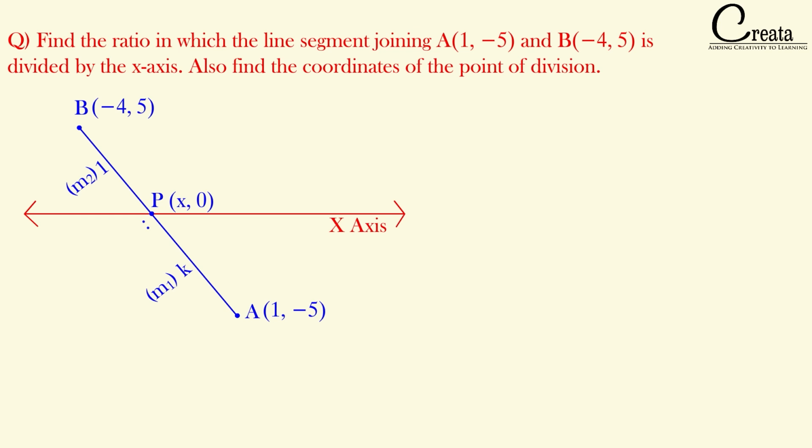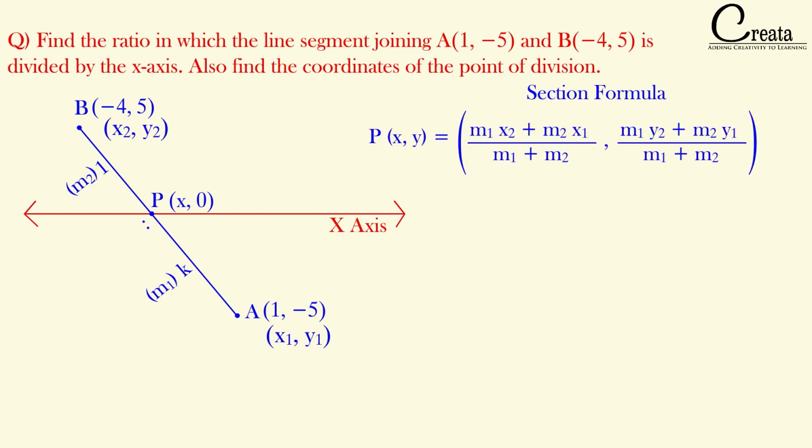Further, we have to calculate the ratio in which the point P is dividing this line segment. We also have to calculate the coordinate of the point of the division, that is, the coordinate of the point P. Okay, so let's use the section formula. Here m1 is k, m2 is 1, and x is x and y is 0. Firstly, we will take the y coordinate because we know y is equal to 0.